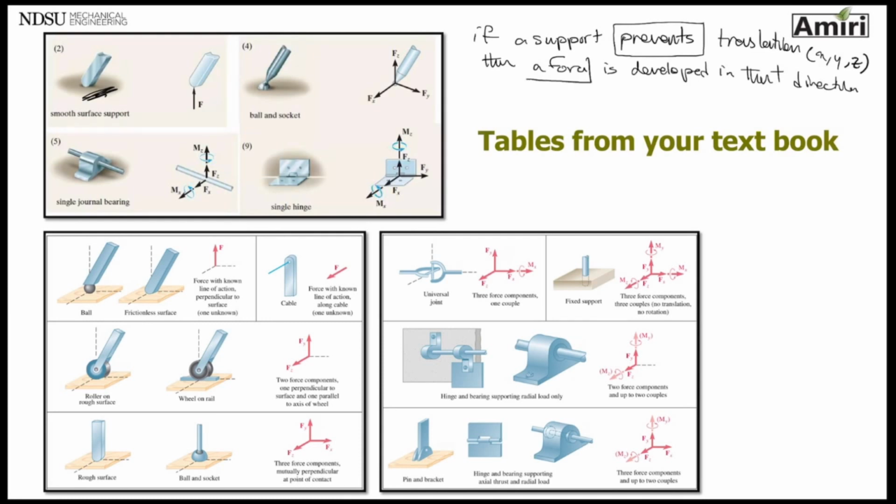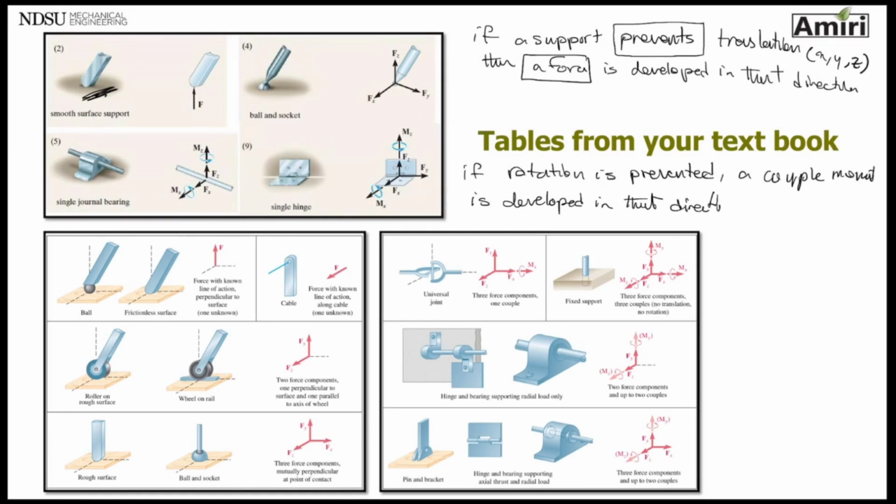Okay, force Fx, Fy, and Fz. If rotation is prevented, a couple moment is developed in that direction. So it could be Mx, My, and Mz. So there are different kinds of it.